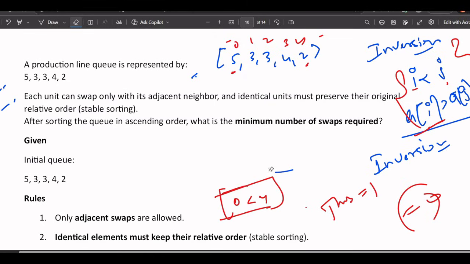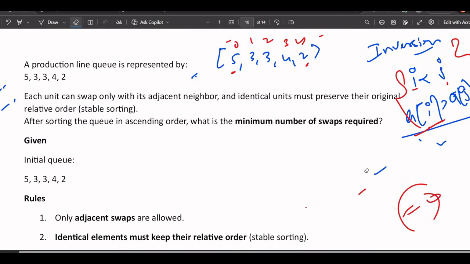How? Let's understand this. If you got this point, if i is less than j and a of i is greater than a of j, that is the inversion, and the question is solved automatically. Let's solve it quickly. First, here is 5. For 5, how many numbers are there on the right?